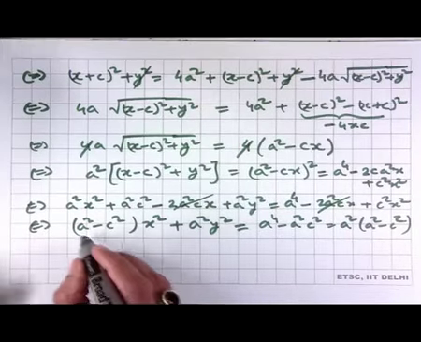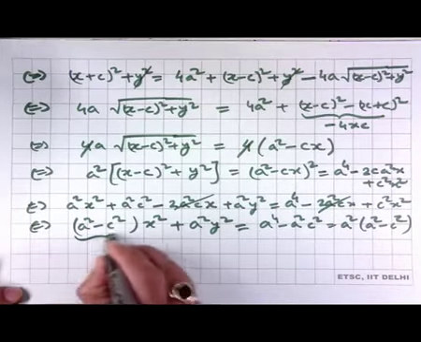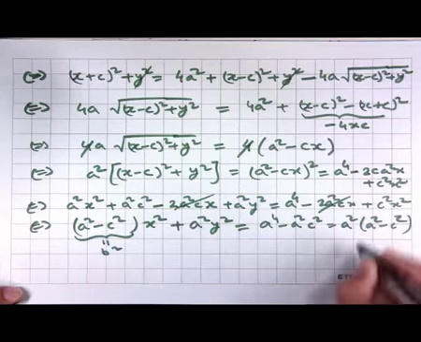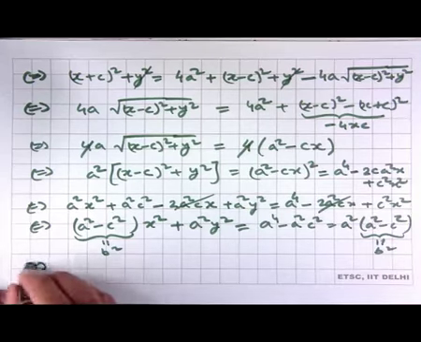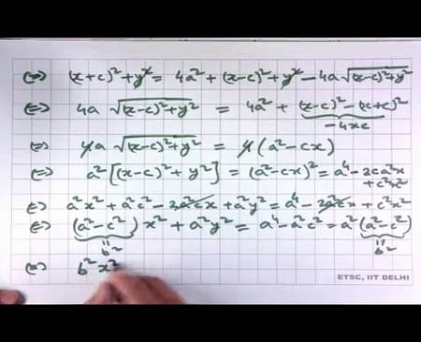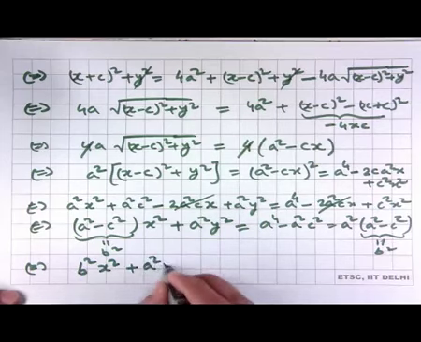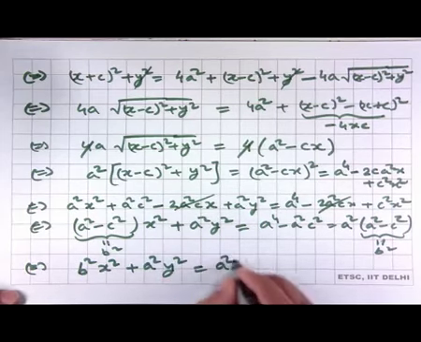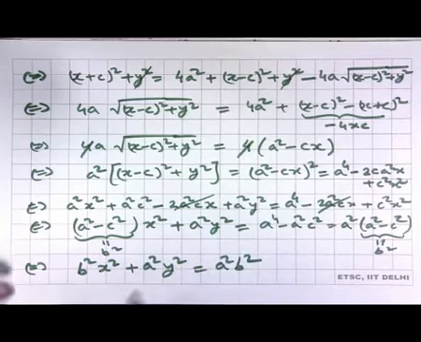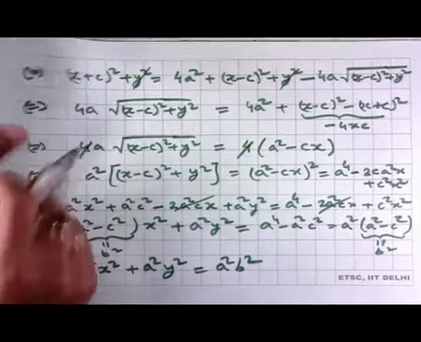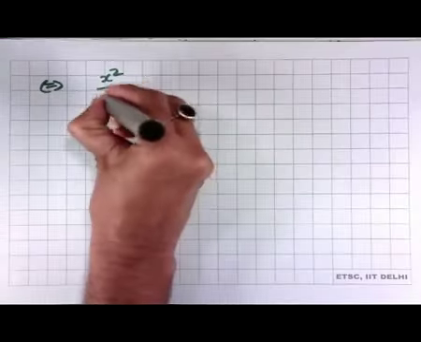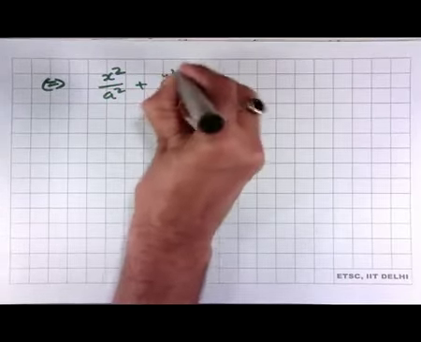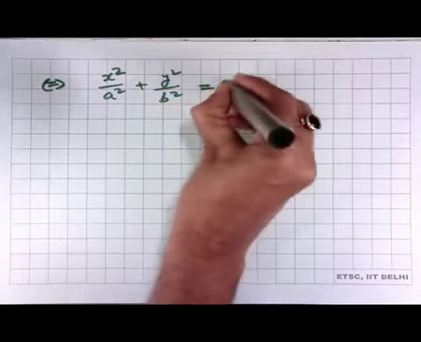So, we write a square minus c square as b square. So, we get b square x square plus a square y square equal to a square b square. Now, dividing by a square b square, this gives x square by a square plus y square by b square is equal to 1.